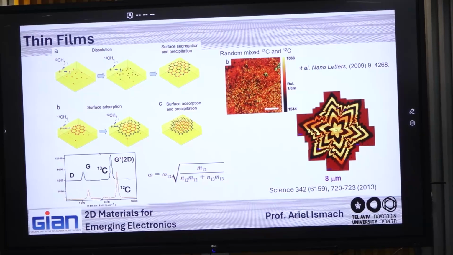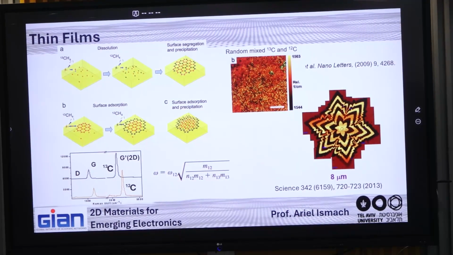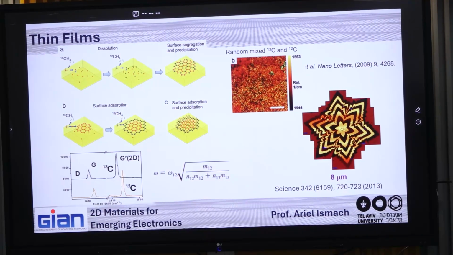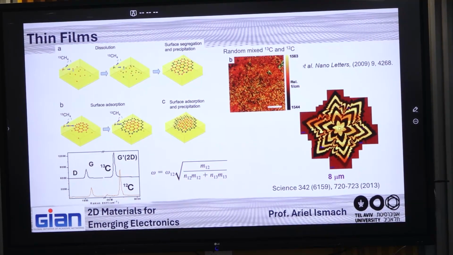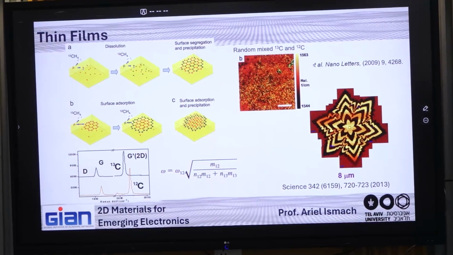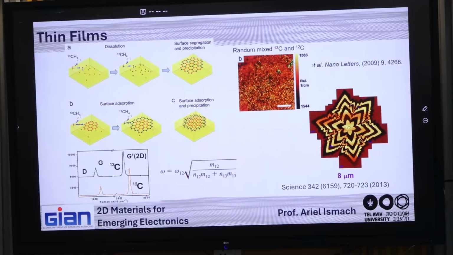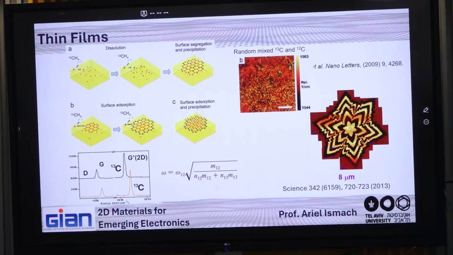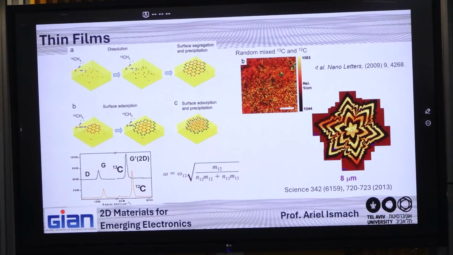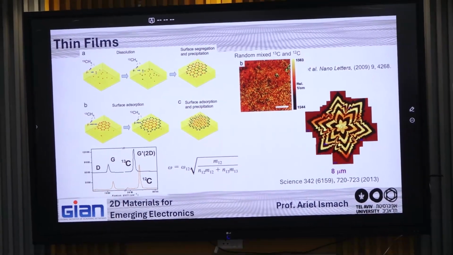Well, the shape of the crystal depends on other factors. It depends on the temperature and the pressure. The reason behind the particular shape is, first, that you have the same symmetry as the lattice of the graphene, and second, this is most probably because it's done at low pressure.